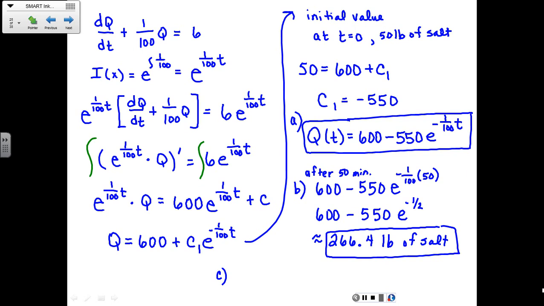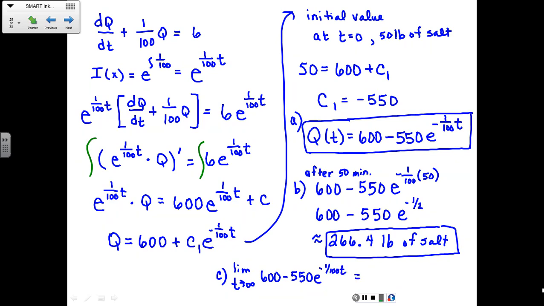The limit as time approaches infinity. Y'all knew what a long time was. The limit as t approaches infinity for 600 minus 550 e to the negative 1/100 t.